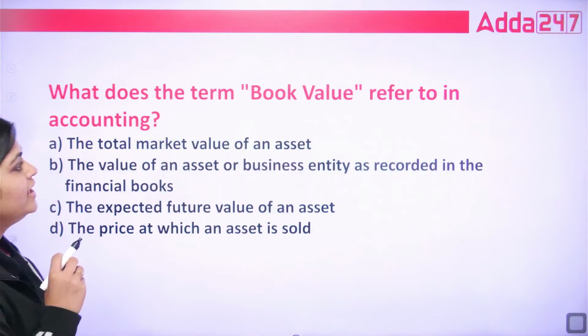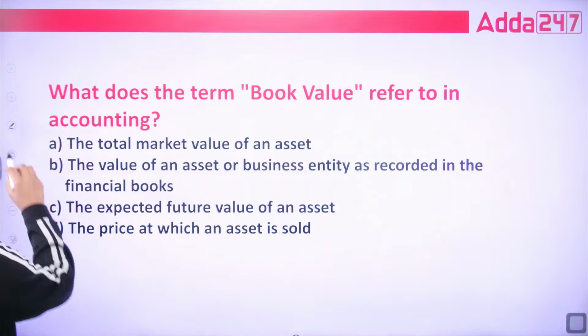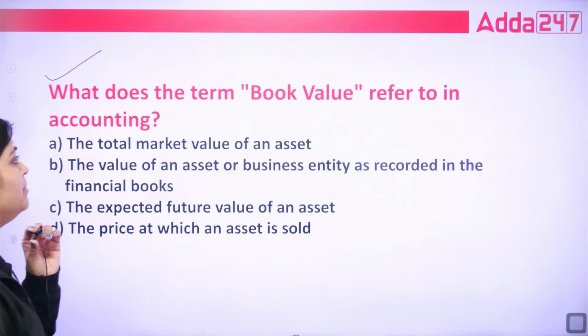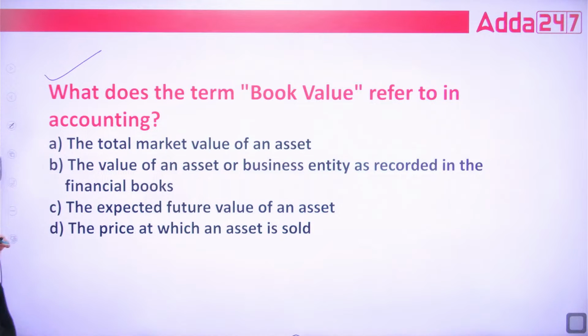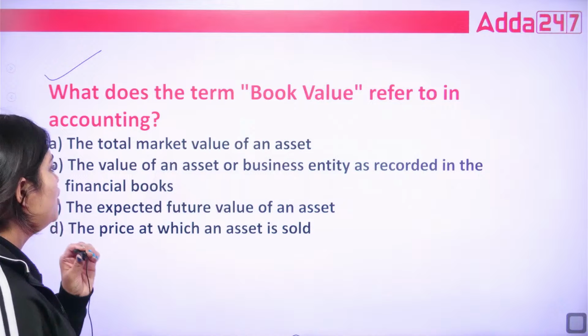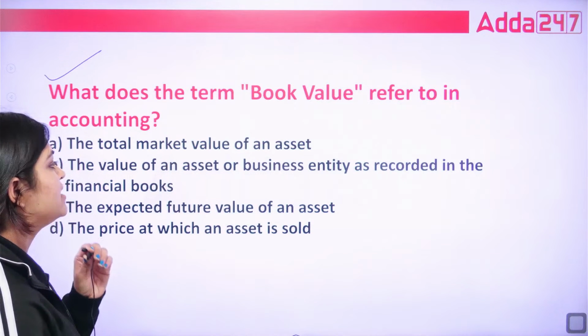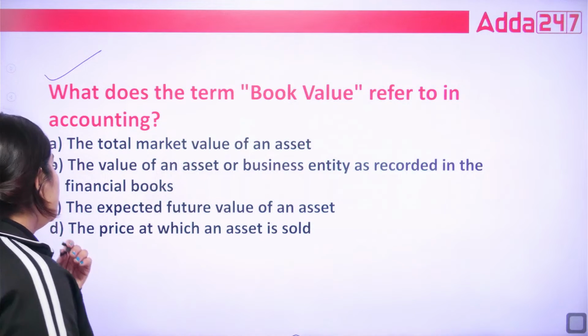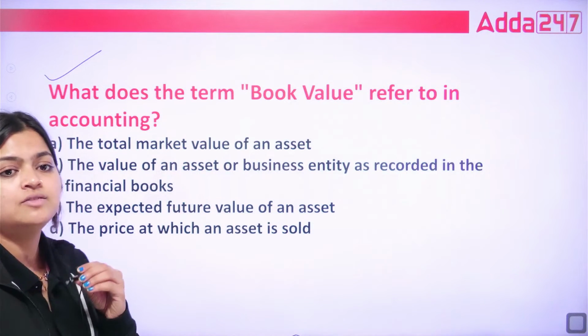Now let's solve questions based on this concept because these are very important. First one: what does the term book value refer to in accounting? The options: the total market value of an asset; the value of an asset or business entity as recorded in the financial books; the expected future value of an asset; a price at which an asset is sold.